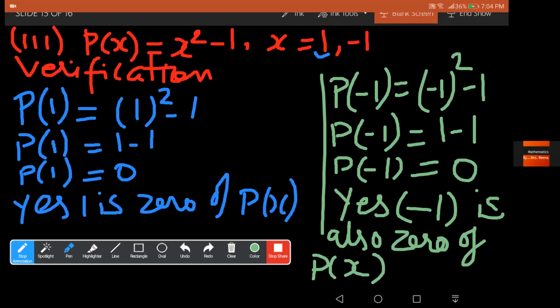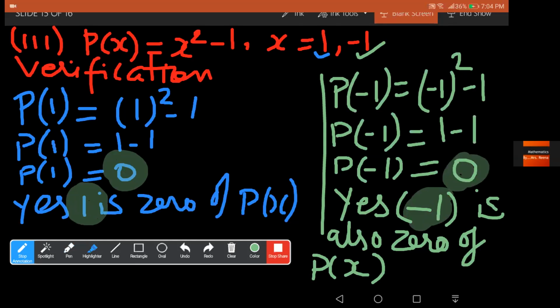Okay. So in the third part, we have checked for minus 1 and plus 1 both. So for this polynomial, we have two zeros, minus 1 and 1. This minus 1 is also a zero क्योंकि यहाँ पे final answer हमारा 0 आया है इसकी value put करने पे. And here also we have 0. So minus 1 and 1 are the required zeros.